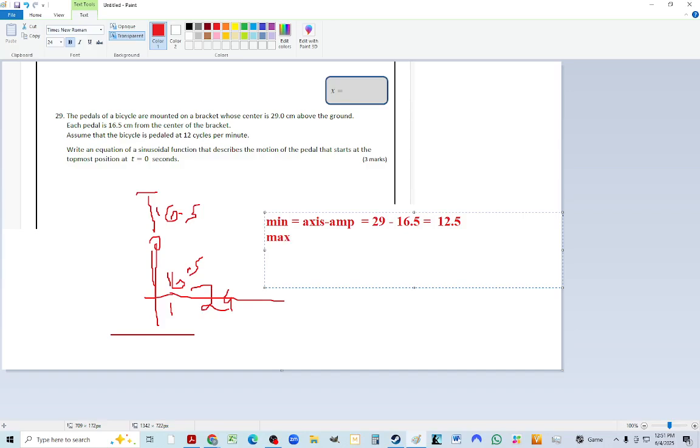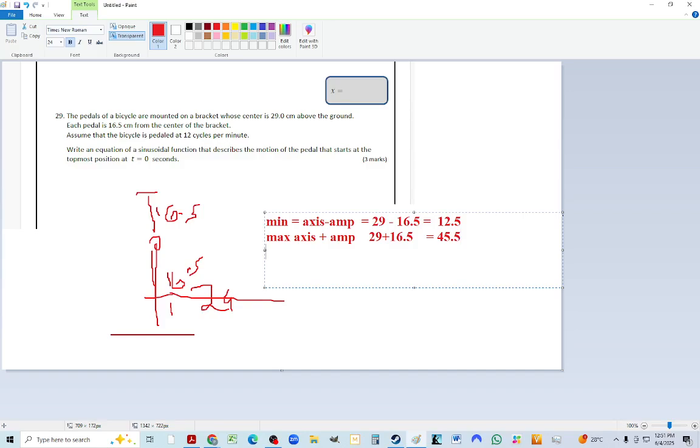Max value is axis plus amplitude, so the max value is going to be 29 plus 16.5, which is 45.5. Which means their total distance apart should be 33, which it is. Twice the amplitude, the diameter of the wheel, the diameter of this rotation.